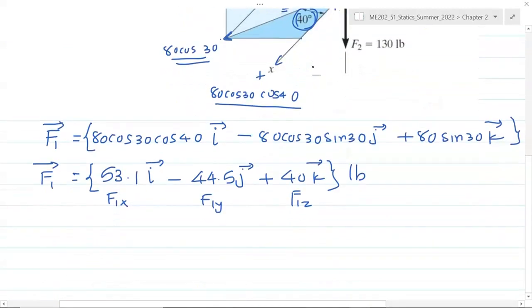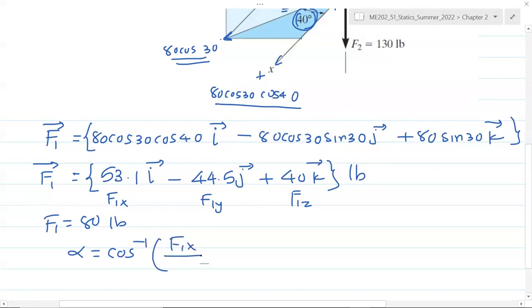So alpha, beta, and gamma can be calculated, and the magnitude of this force is 80 pounds, which is given already. So now to find alpha, we need to apply this equation: cosine inverse of x component divided by F1, which is cosine inverse 53.1 divided by 80, and the angle that we get is 48.4 degrees.